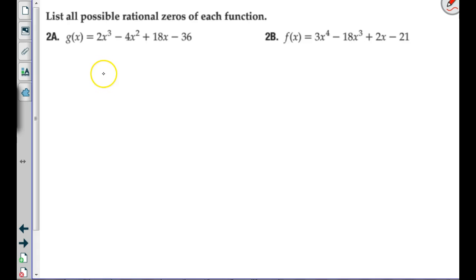If you want to write one of them down, you can, but it's all the factors of the constant. Okay, guys, help me out. What are all the numbers that divide into 36? Start with 1.